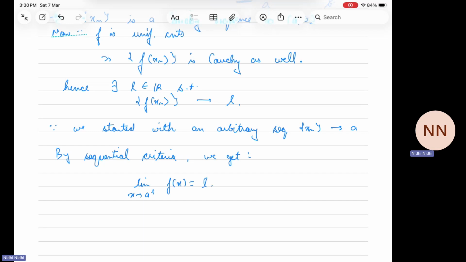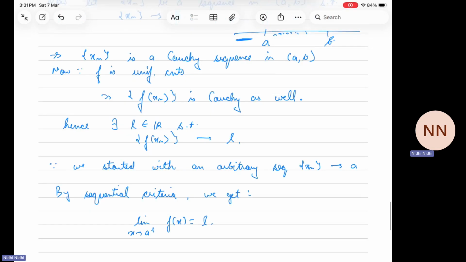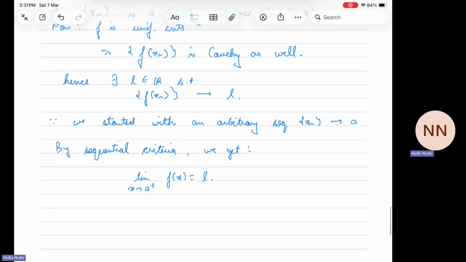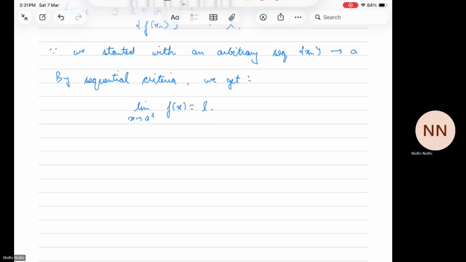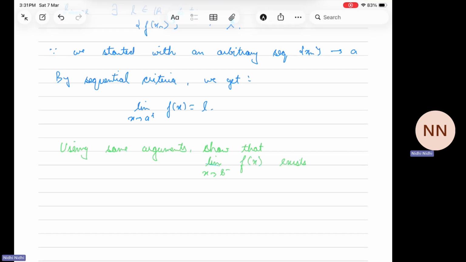Now I would like you to try it yourself, using the same arguments, to show that the limit as x tends to b minus of f(x) will also exist. I'll give you some time.